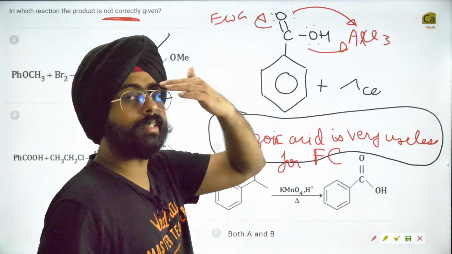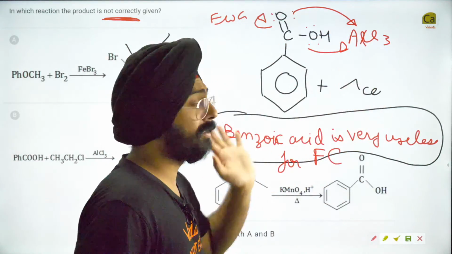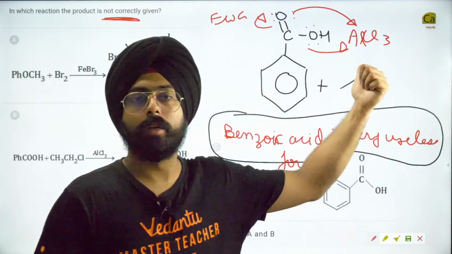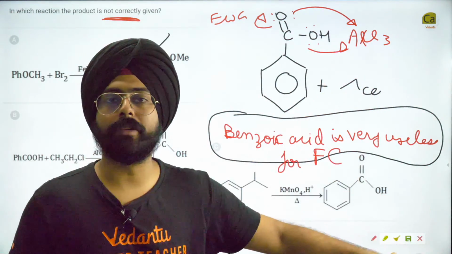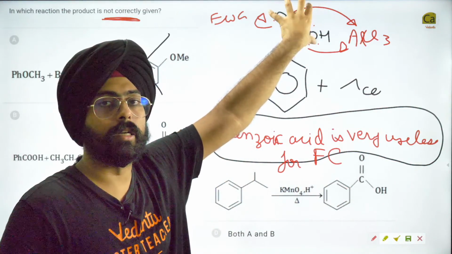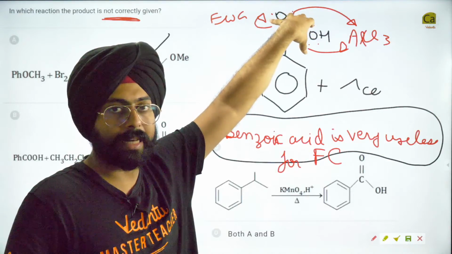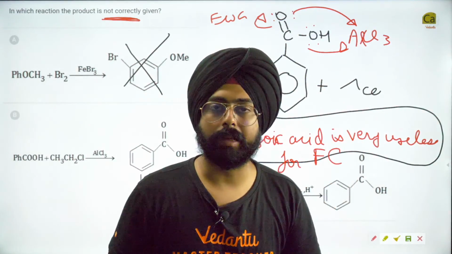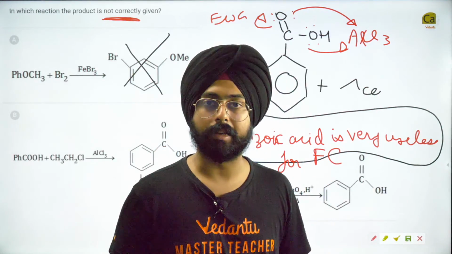So AlCl3 is not free for catalyzing the reaction. Phenols, anilines, benzoic acids don't give you Friedel-Crafts reaction because the substituent, benzoic acid or OH or NH2, will directly react with AlCl3, stopping its catalytic, Lewis acid behavior.